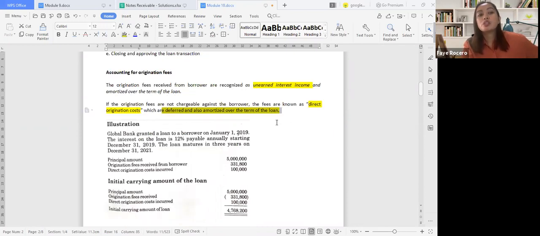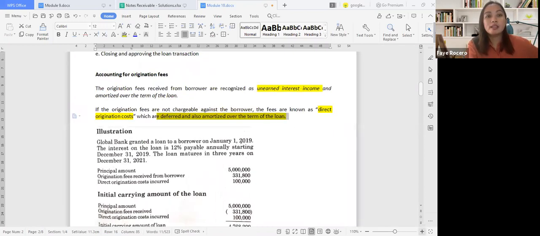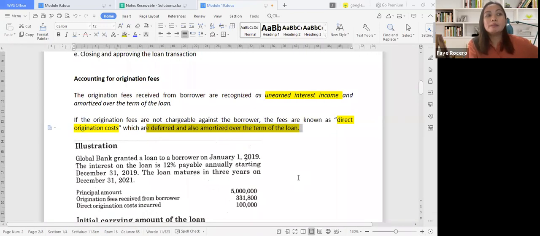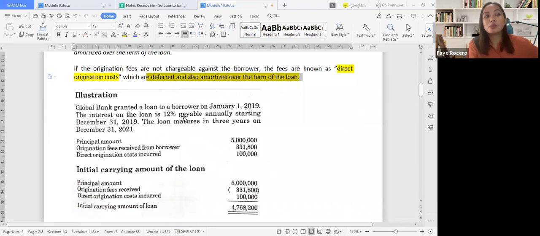So, to further explain, let us consider the illustration. Global Bank granted a loan to a borrower on January 1, 2019. The interest on the loan is 12% payable annually starting December 31, 2019. The loan matures in 3 years on December 31, 2021. Okay?